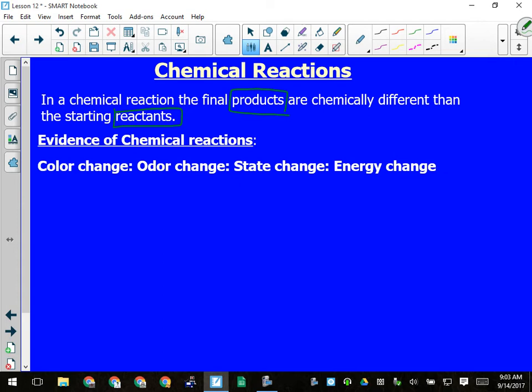We have the same atoms we started with, but they're in some new order, combination, whatever. So a sample reaction could look something like this. These would be my reactants.